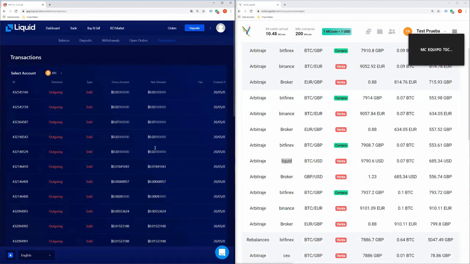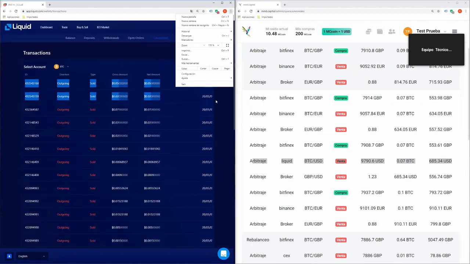Okay, here is Liquid. I open Liquid. This trade, if we look at Liquid, is these two. Yes, because Liquid buys, in this case, in two orders. One of 0.05 and another of 0.02. Okay, in two operations. Yes.